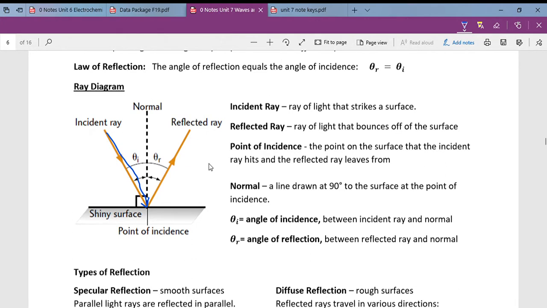A normal is a line that runs perpendicular to the surface that you are reflecting off of. So you are making an angle of incidence between the incident ray and this normal. Your ray is going to reflect at an angle equal to the angle of incidence, and we're going to call this the angle of reflection. So you're going to get a reflected ray that's going to bounce off that surface at the same angle to the normal as the incident ray.